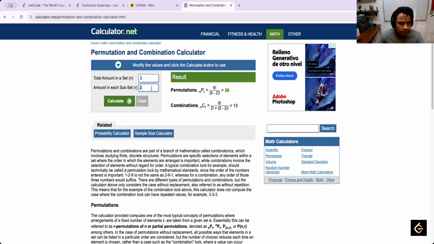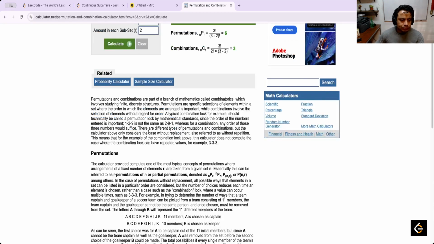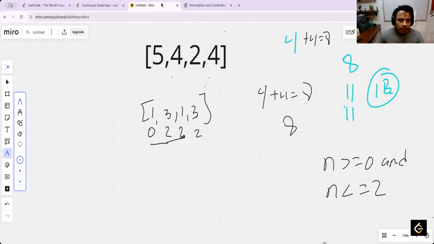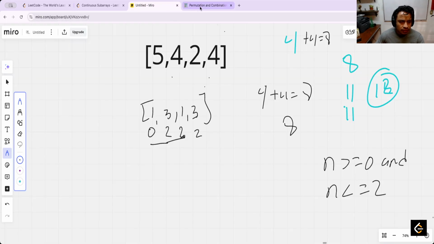Let me check. 3 and we have 2. Permutation, no, it's combination. 3 factorial over 2 factorial multiplied by 3 minus 2 factorial. Yeah, for example, in this case I have 4 and I need to calculate with 1 2 3 and 4.